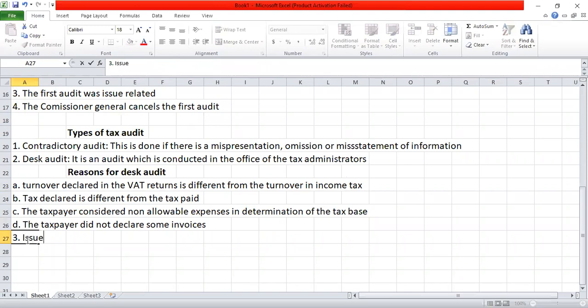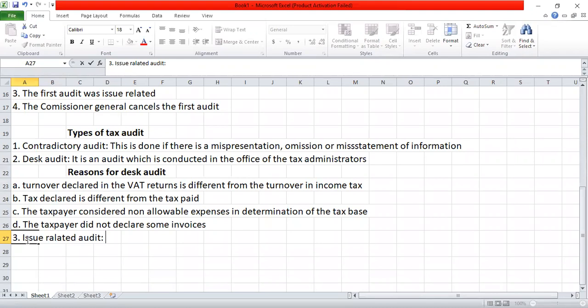We have the issue related audit. In an issue related audit, it involves focusing on a specific issue, for example VAT, receivables, inventory, PAYE. The tax administrator is focusing on a specific component.